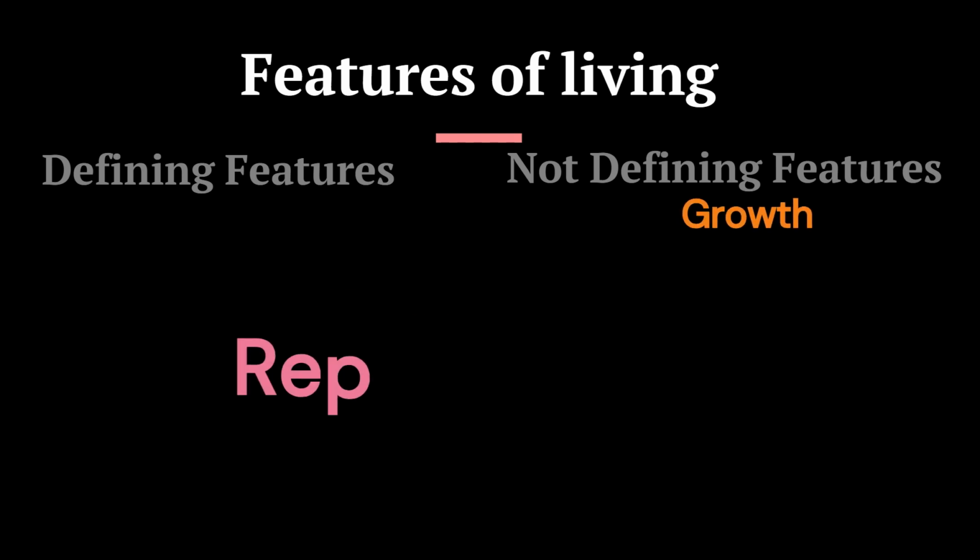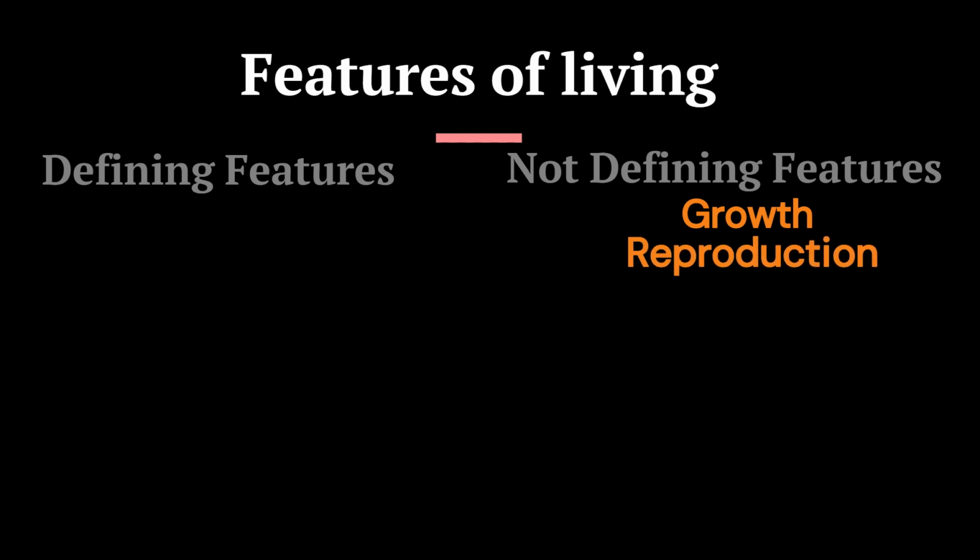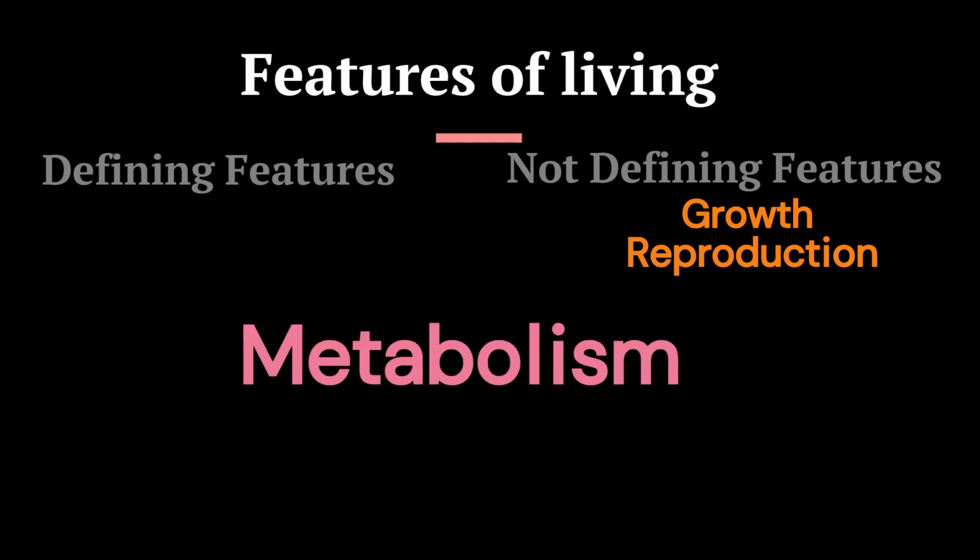Now coming to reproduction, you might have heard about a sterile couple, they can't reproduce. Hence neither is reproduction a defining feature. Now let's discuss metabolism. It is the sum total of the chemical reactions occurring inside the body. One might get confused with metabolic reaction.